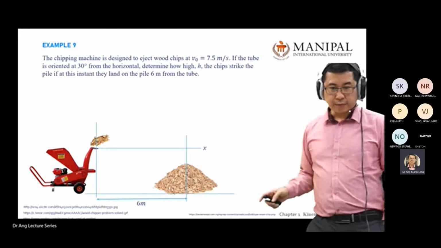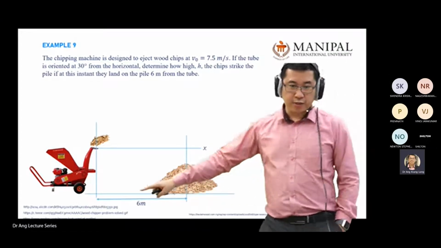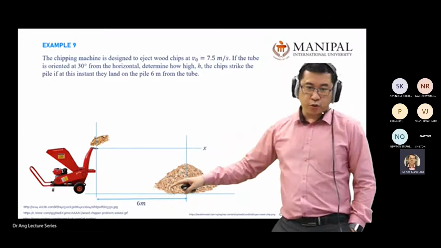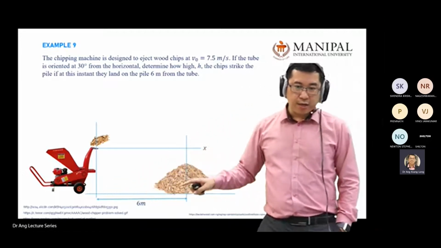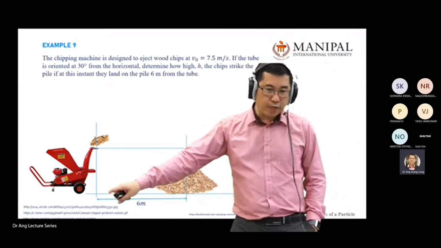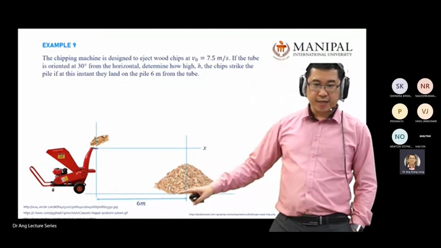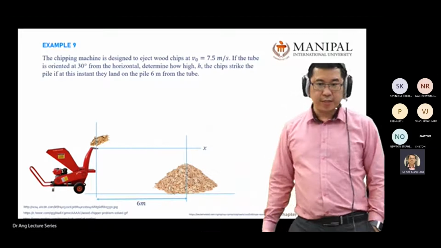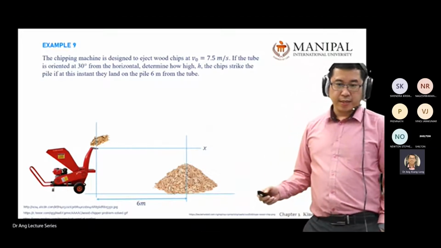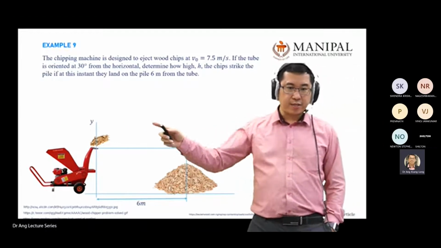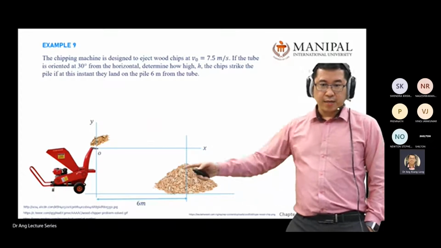Okay, so I just draw a horizontal line over here, just to show you that this is the ground, horizontal to the wheel, just to make sure that we can measure the height compared to the origin. Then I put in the y-axis over there, origin.